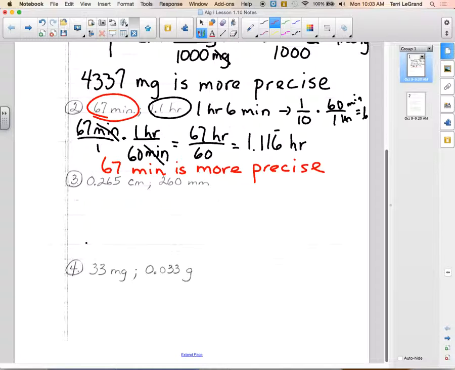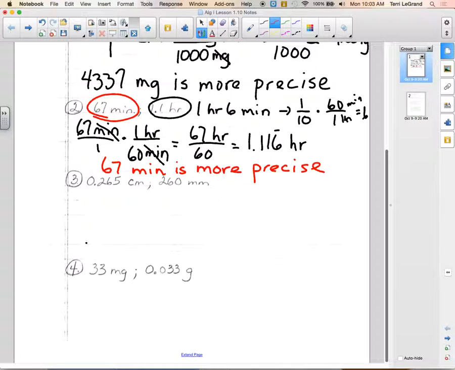Right. Okay. So if they rounded, we don't have any idea if it came out to exactly 1 and 1/10 hour. All we know is they rounded it to the nearest tenth of an hour. So give me some examples of an hour and some minutes that they could round to the nearest tenth of an hour. 1 hour and 1 minute. Would that round to 1.1?